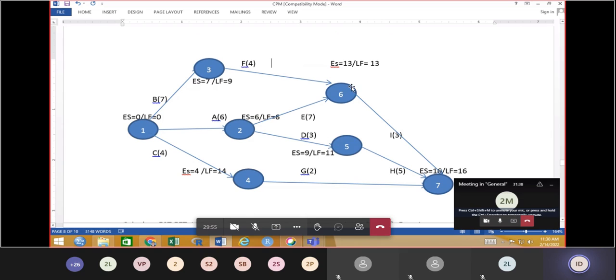But I cannot start at 11. Why? Because still the 1 to 2 and 2 to 6 activities are in progress. So for the 1 to 2 activity, 0 plus 6, and this 6 plus 7. The earliest start time is 6 for the 1 to 2 activity.